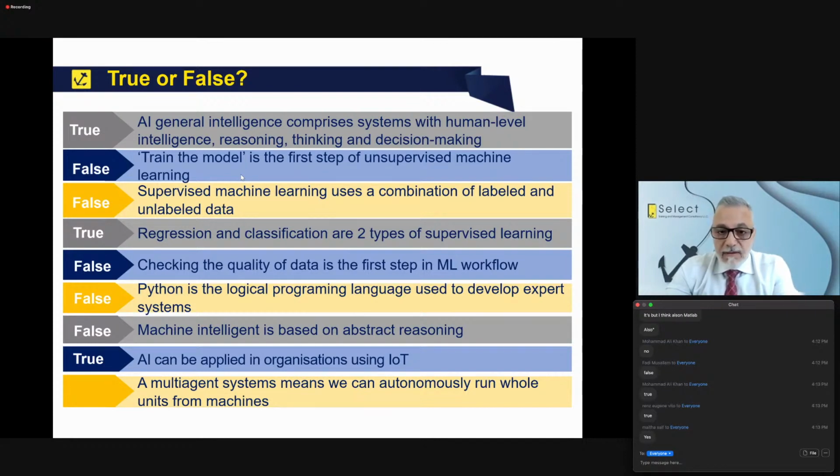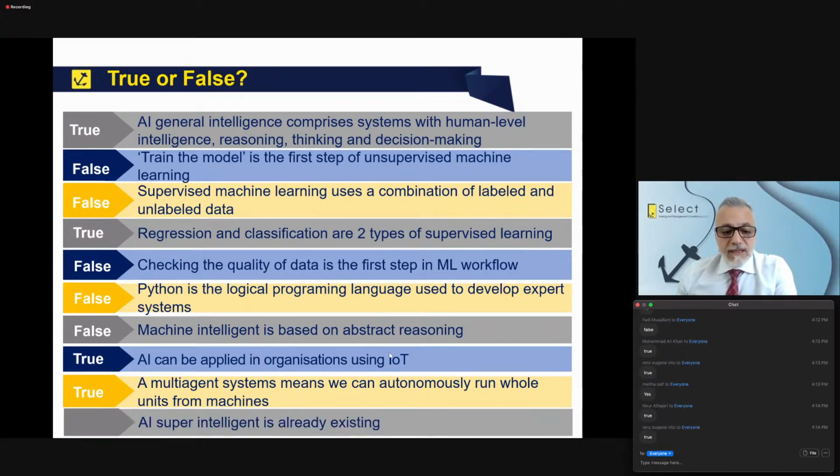What do you think? True? True, correct. So we have an idea now. We'll explain later what that means and how AI works, what multi-agent systems are, and what expert systems and logical reasoning are.